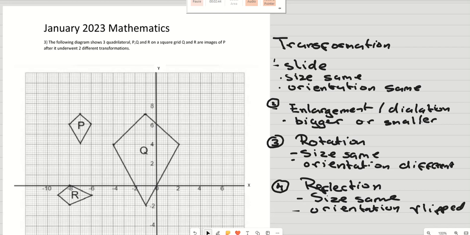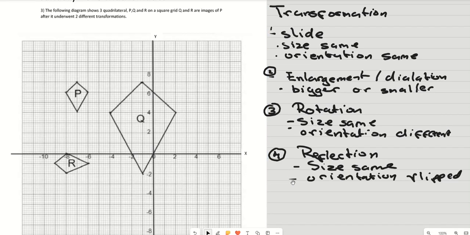Now, from these things that we know, what type of transformation did object P undergo to form image Q? We can clearly see that it got bigger. So we can say that Q, just write this at the side, Q underwent an enlargement.